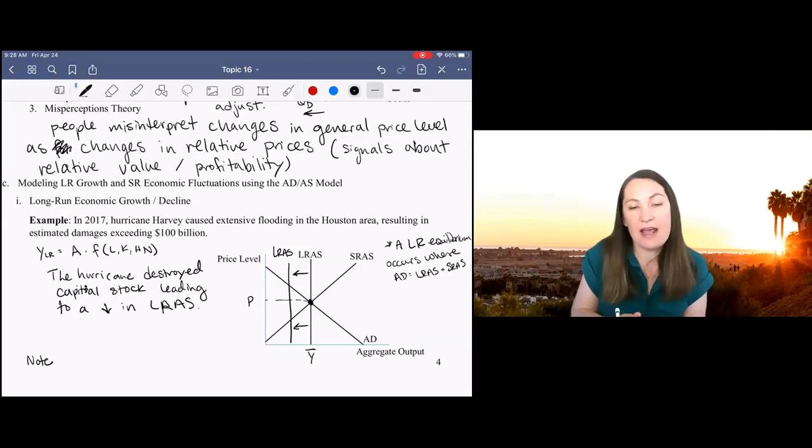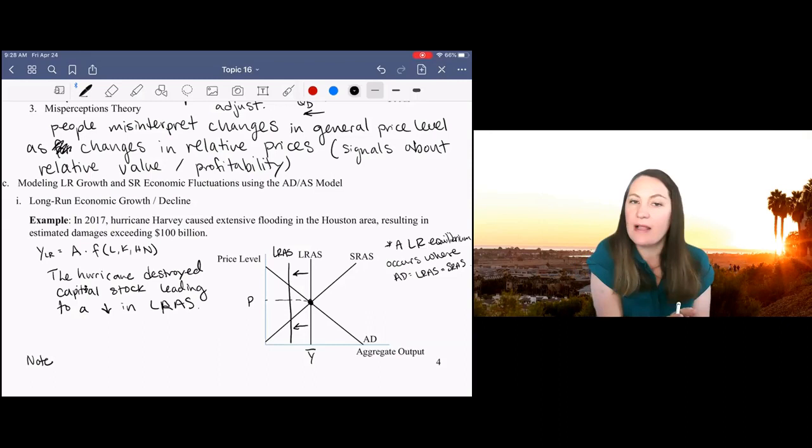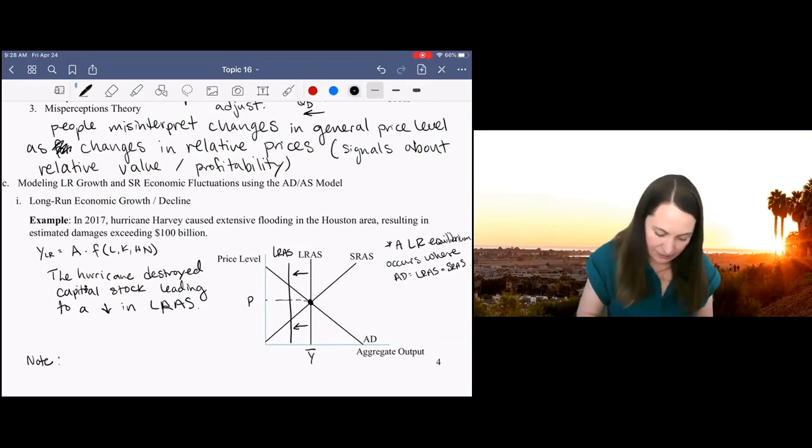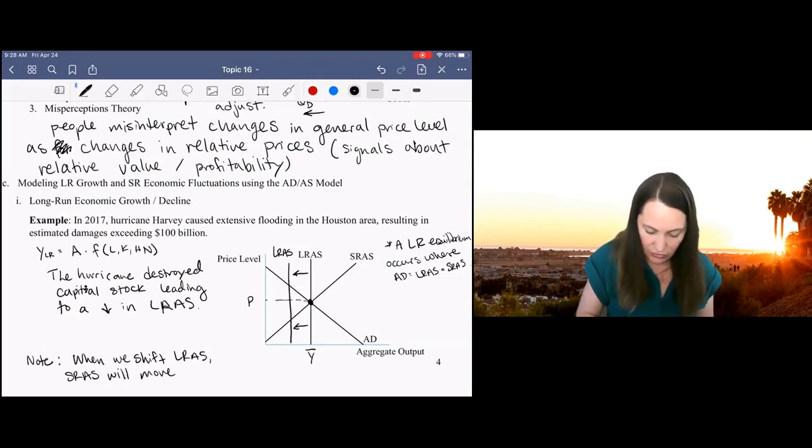So because now we have a new long run potential, the short run aggregate supply curve showing those deviations will shift along with long run aggregate supply. So when we shift long run aggregate supply, the short run aggregate supply curve will move along with it.